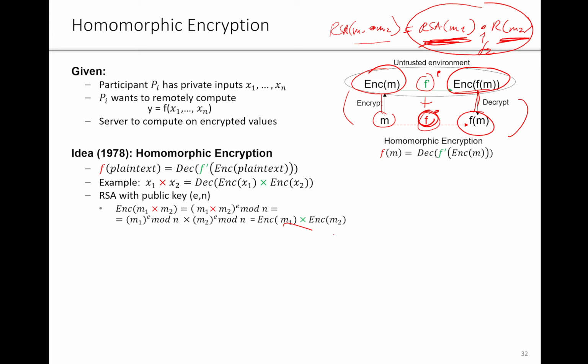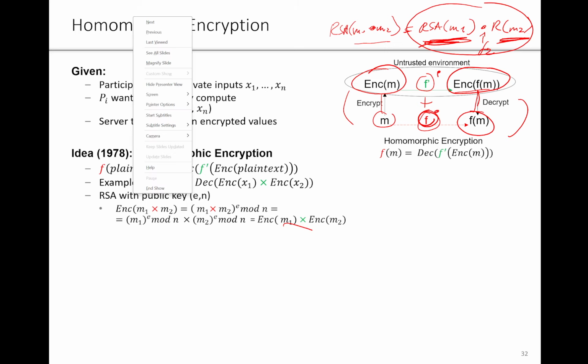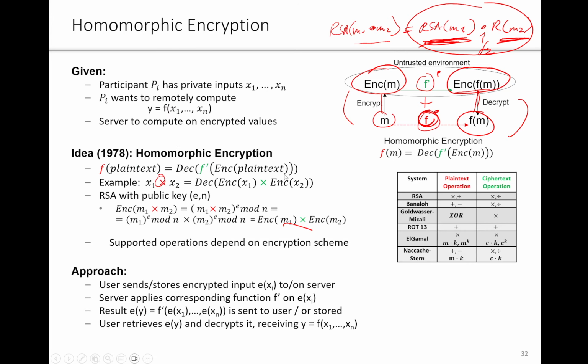Oh yeah, here we have it as well. What is there to notice is that the operation in this case was exactly the same. In some other cases it's not the same, especially when we look at different encryption mechanisms. So RSA maps to the same: multiplication and division.